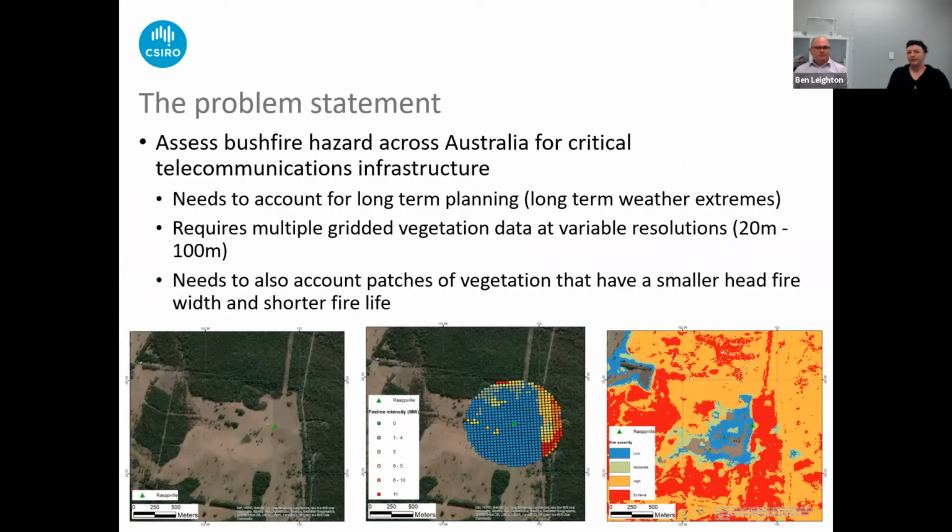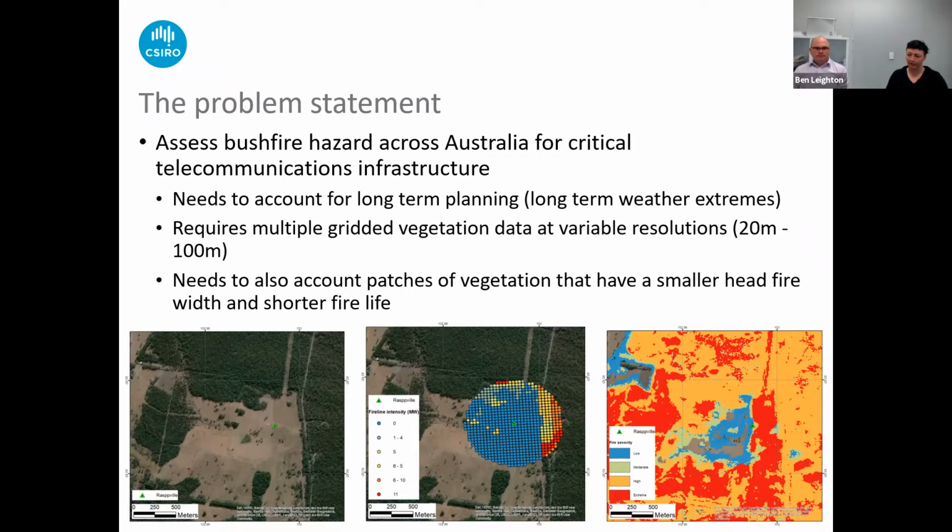So the problem that our client approached us with was to assess bushfire hazard across Australia for critical telecommunications infrastructure. The things we need to consider when doing that is that it's a long-term projection. So we're using the inputs for the bushfire behaviour models into the future for the life cycle of that infrastructure, say on a 50-year horizon.